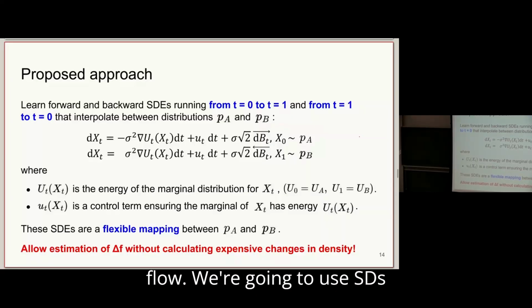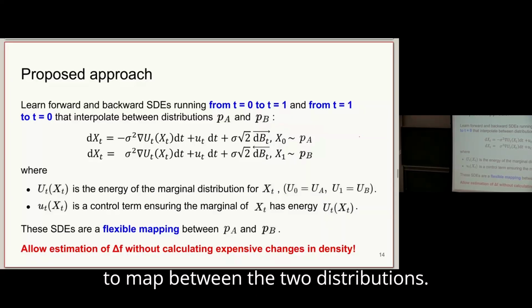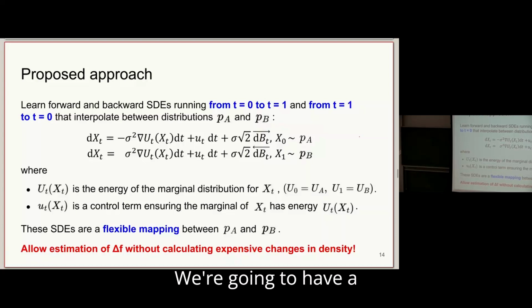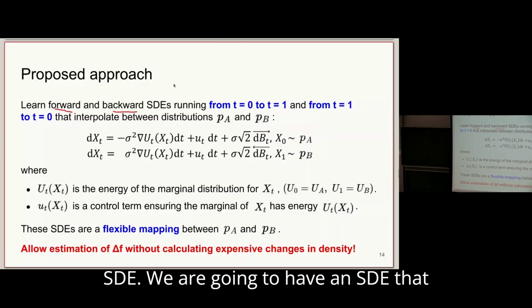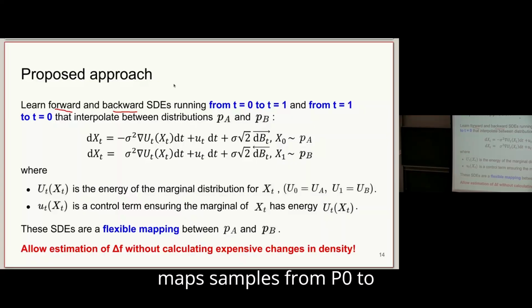We're going to use SDEs to map between the two distributions. We have a forward and a backward SDE. We are going to have an SDE that maps samples from P0 to P1, and then another SDE that maps samples from P1 to P0.